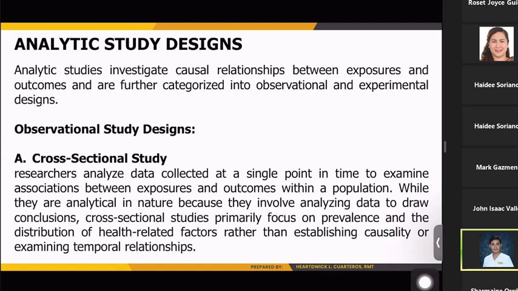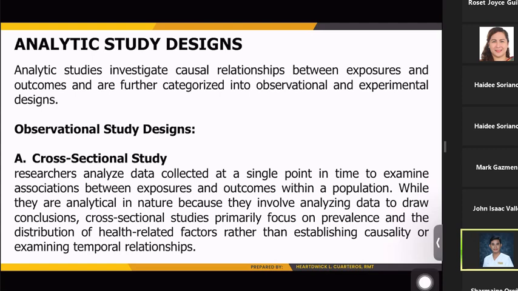In the descriptive approach, the cross-sectional study is just to characterize the conditions and the health phenomena in the community. They just characterize, but they don't analyze. Here in the analytic designs under the observational approach, they characterize the study and also analyze the data collected in order to draw conclusions.